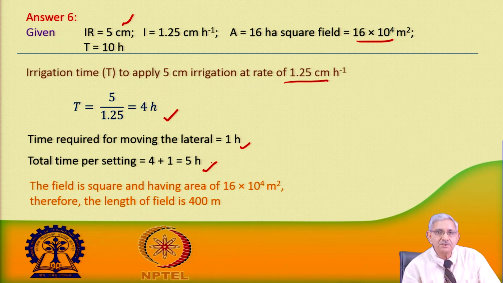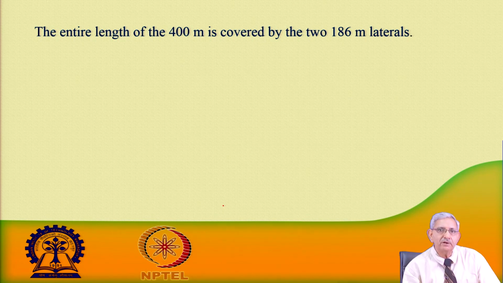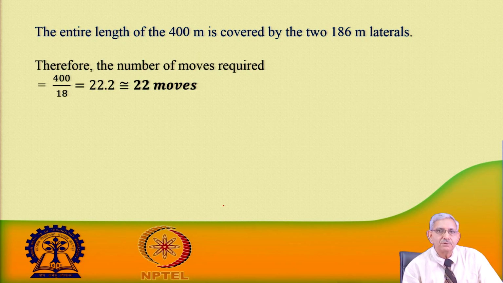Now, since the field is 16 hectare, that is 16 into 10 to the power 4, we can say it is 400 meter by 400 meter, since it is a square field. So, it will be 400 meter long and 400 meter wide. The entire field of 400 meter length is covered by 186 meter laterals, and the spacing given to us is 18 meter.